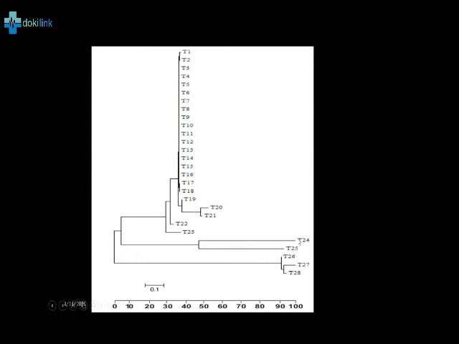From 90% to 100% homology, we have T24, T25, T26, T27, and T28. These isolates are closely related. Usually 90% is looked at as a good percentage to use in your analysis.